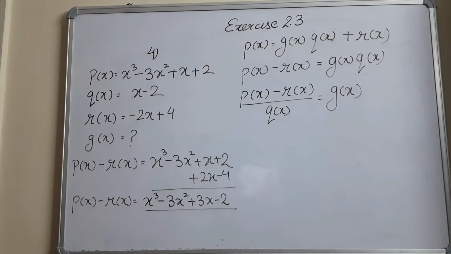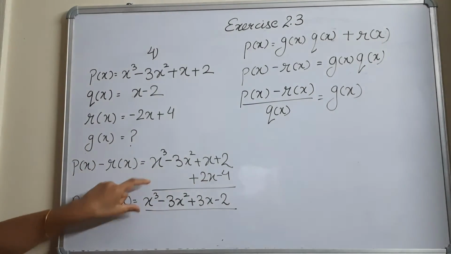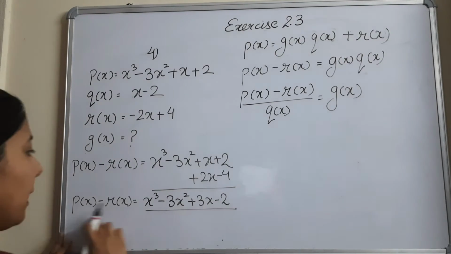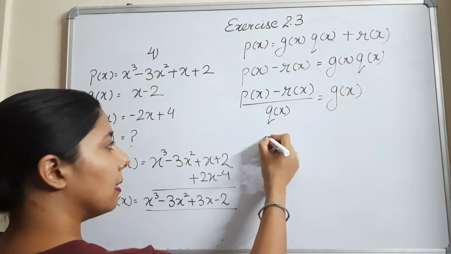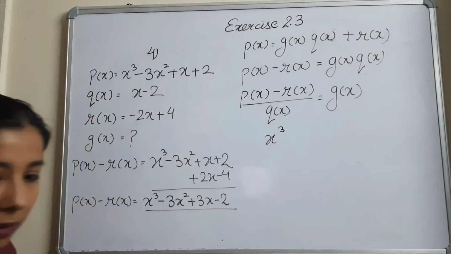So next, for calculating gx, we have to divide px minus rx by qx. So let's do this step. What is px minus rx?